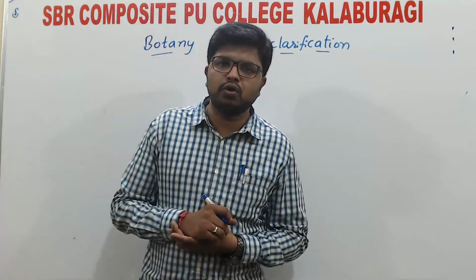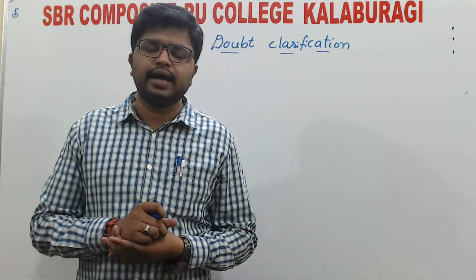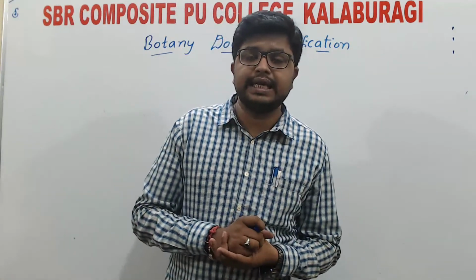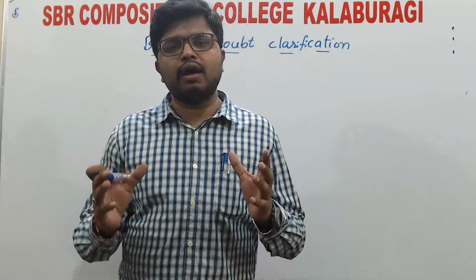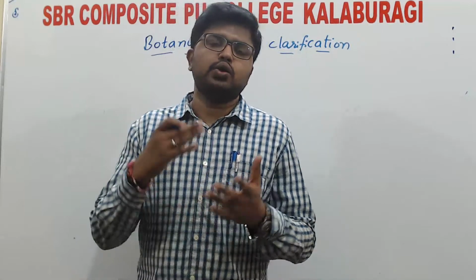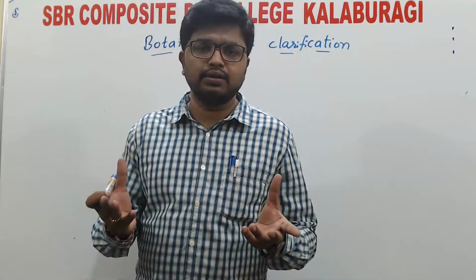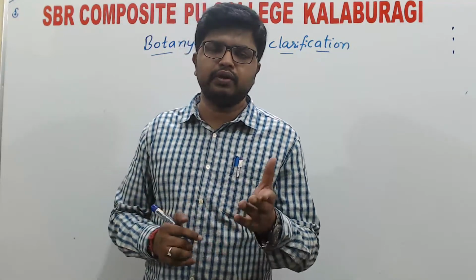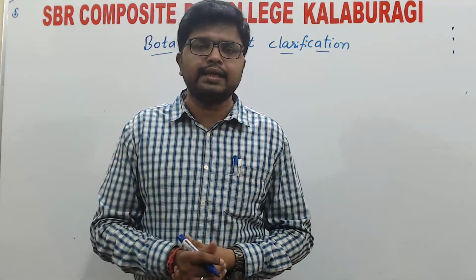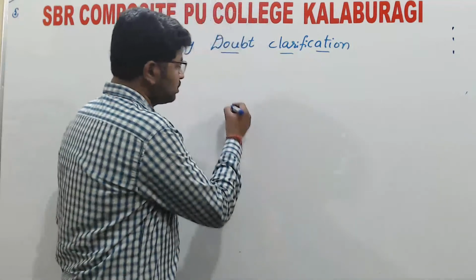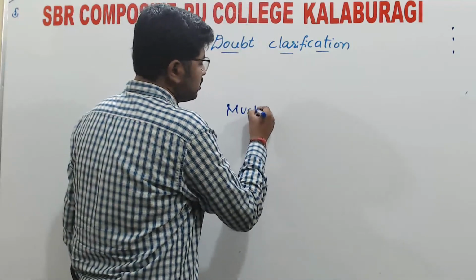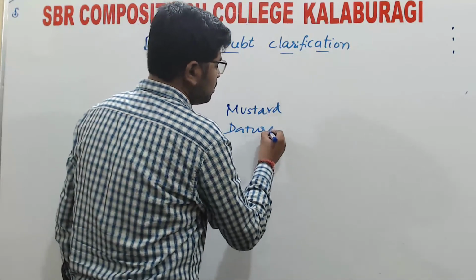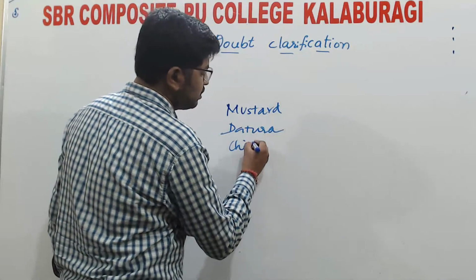Okay, and one more doubt with respect to actinomorphic. I said actinomorphic symmetry, or regular, or you can say radial symmetry, where the flower can be cut into two similar or equal halves by any vertical plane passing through the center. We call it an actinomorphic flower. Examples are mustard, datura, and chili.